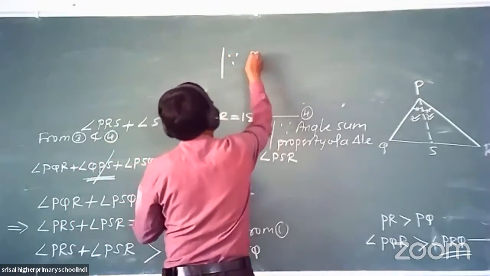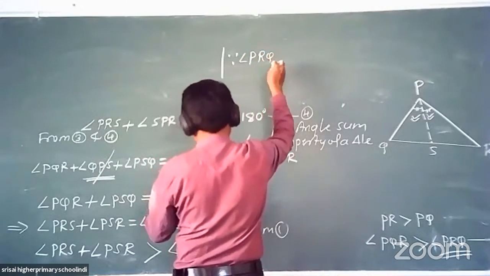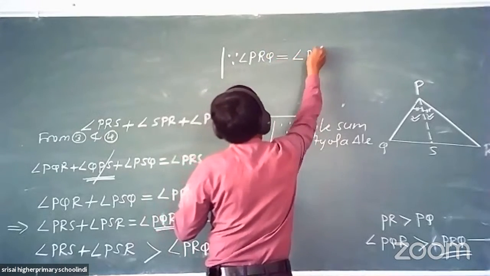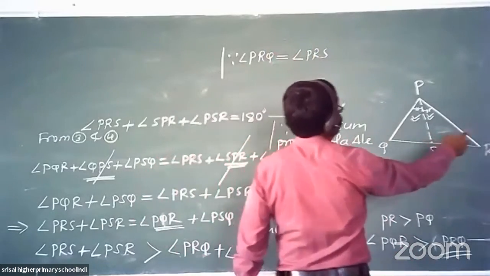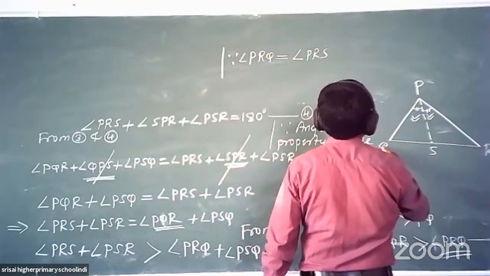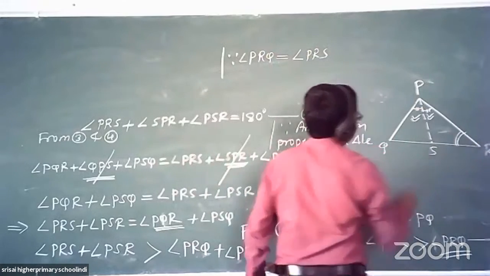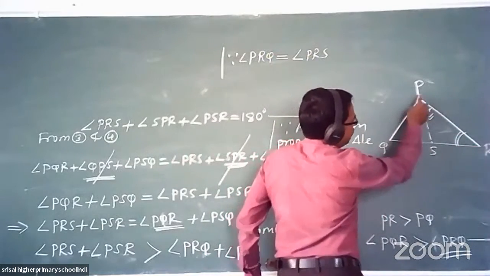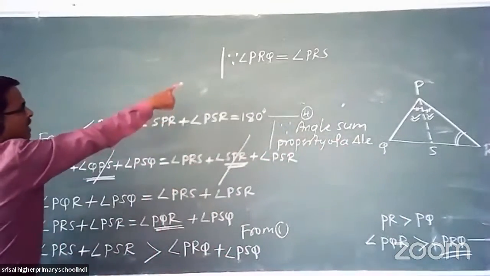Angle PRQ is equal to angle PRS. PRQ and PRS are the same. How? PRQ and PRS mean the same angle.